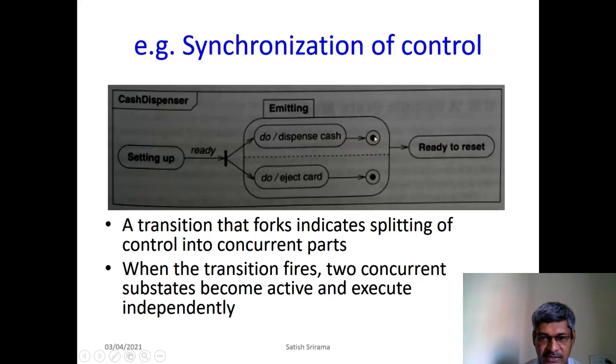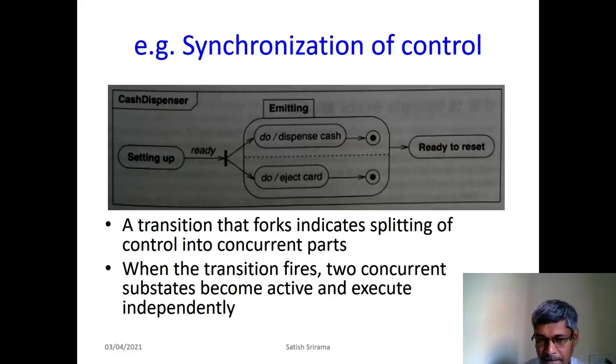Similarly, if it is closed and leads to this ready state, even if the second substate is in this state, that will also terminate, in the middle of the process. That's why having exact forking and merging is important with UML.